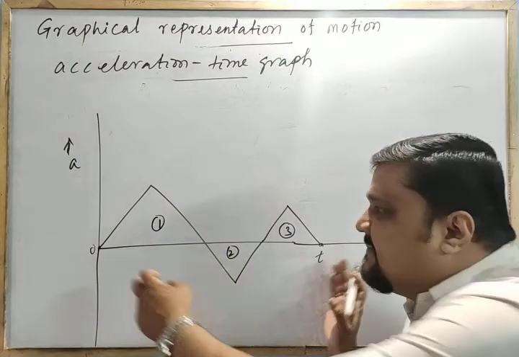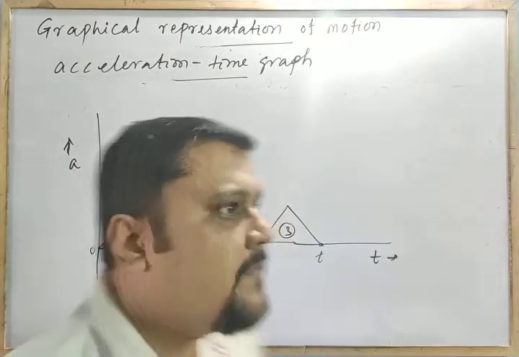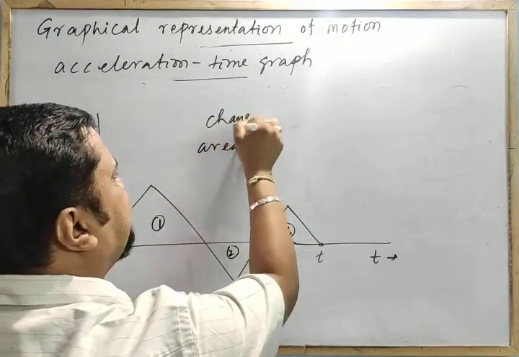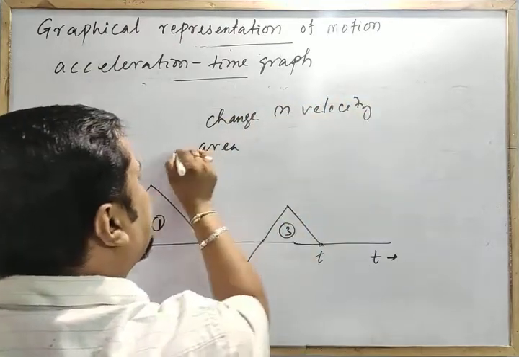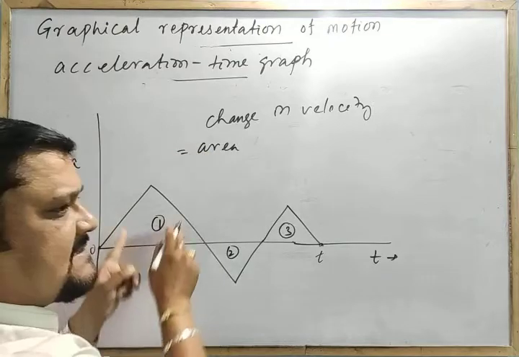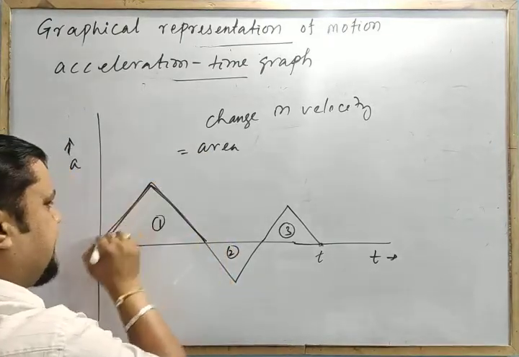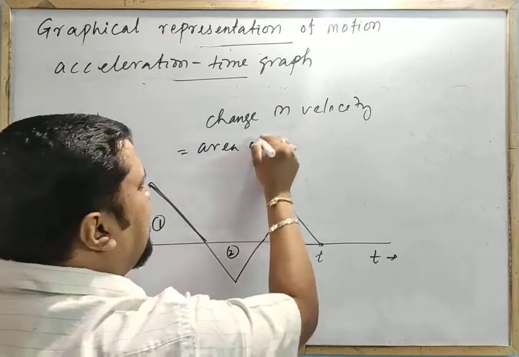If I ask you what is the change in velocity from 0 to t, delta v, the change in velocity, is equal to the area below this acceleration time graph. It is positive, obviously, above the axis, so area of 1.